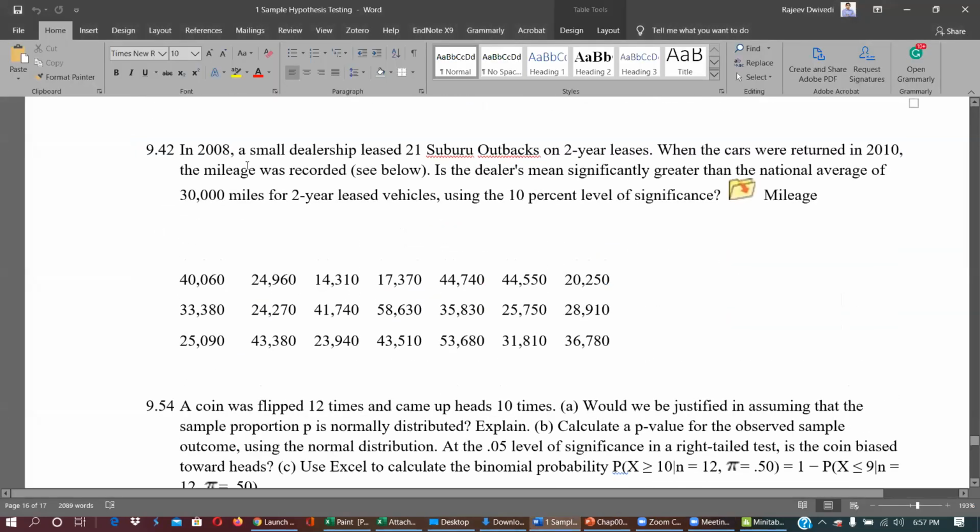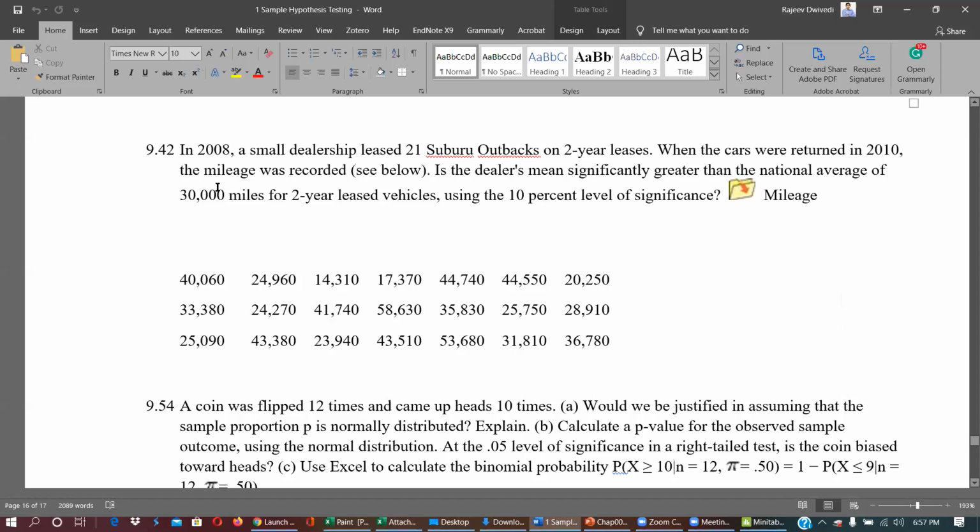In 2008, a small dealership leased 21 Subaru Outbacks on a 2-year lease. When the cars were returned in 2010, the mileage was recorded. Is the dealer mean significantly greater than the national average of 30,000? So across the country, normally 2 years of driven miles is 30,000 miles.